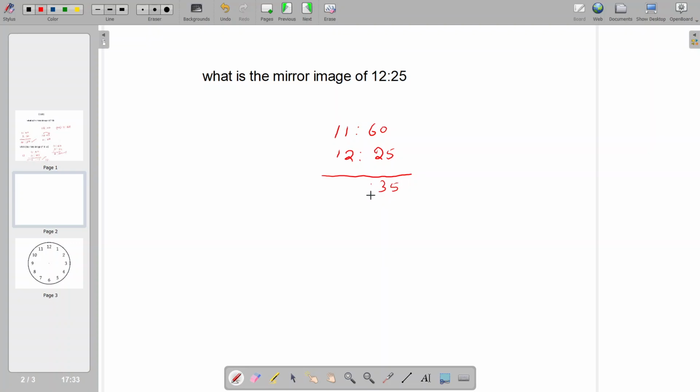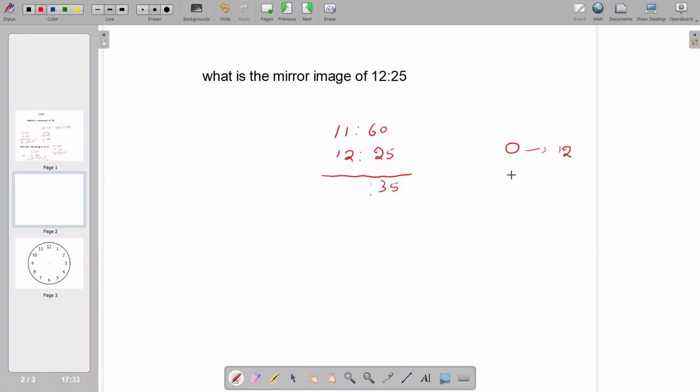35. But here we have 11. Here we have 12. So we cannot subtract 12 from 11. In this case, what we have to do, as I said in the previous problem, if you see 0, we need to replace it with 12.